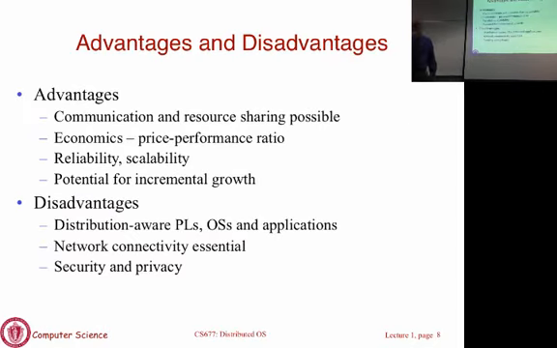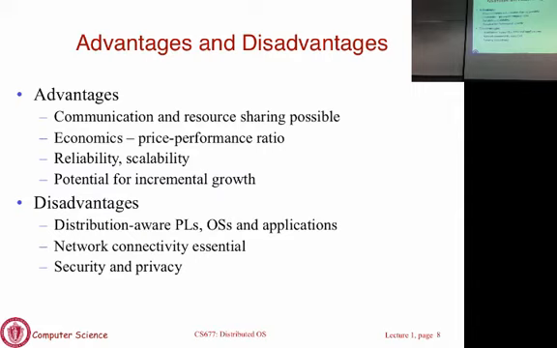So why design systems to be distributed? Why not make them centralized? There are several advantages to designing systems in a distributed fashion, and there are several disadvantages also. Some advantages are listed here. First, it makes communication and resource sharing possible. If one machine can communicate with another machine, it can access the resources on those machines.